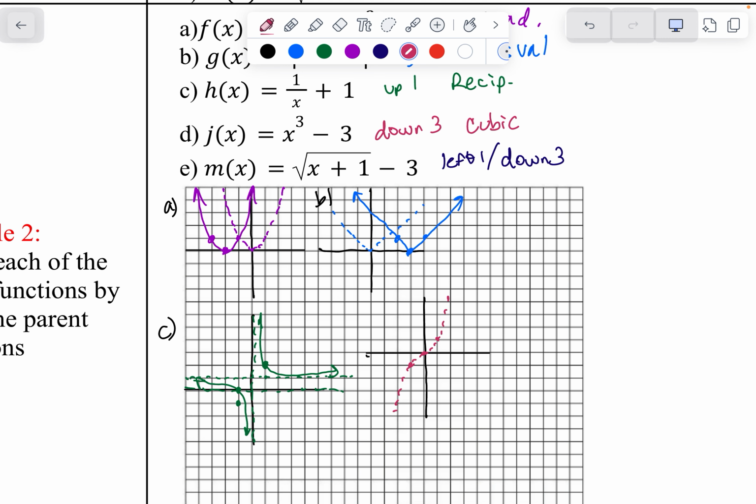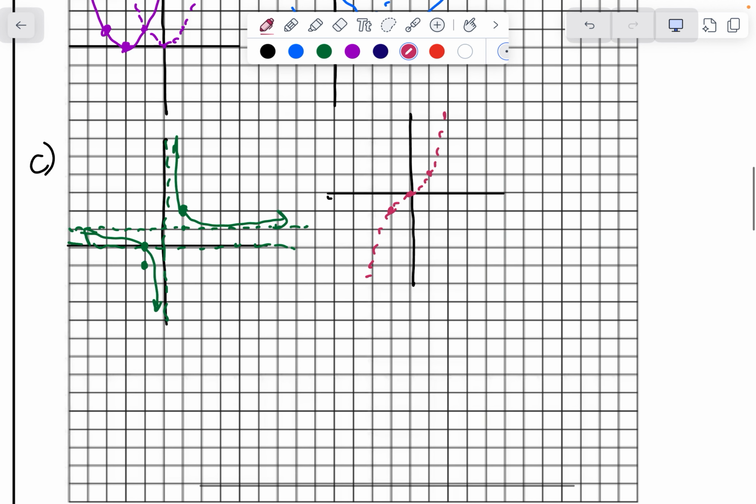So just count the middle at 0, 0, down 1, 2, 3. This one here down 1, 2, 3. Down 1, 2, 3. And then make your new cubic. So again, this procedure just allows us to graph very quickly and very nicely. So that was D.